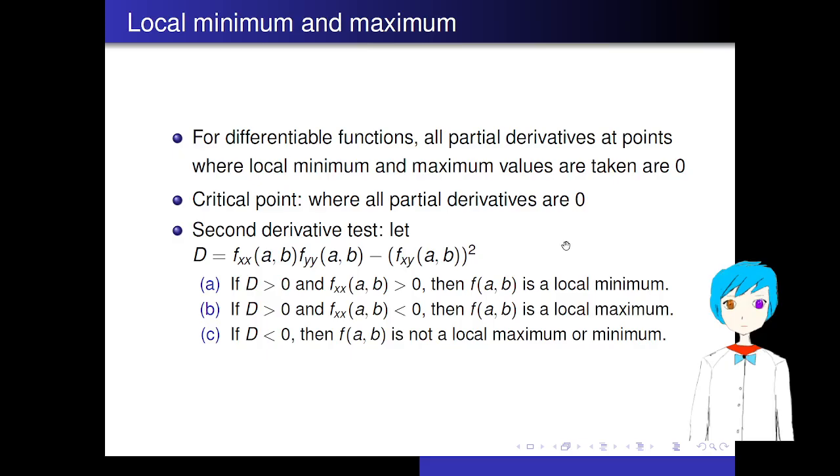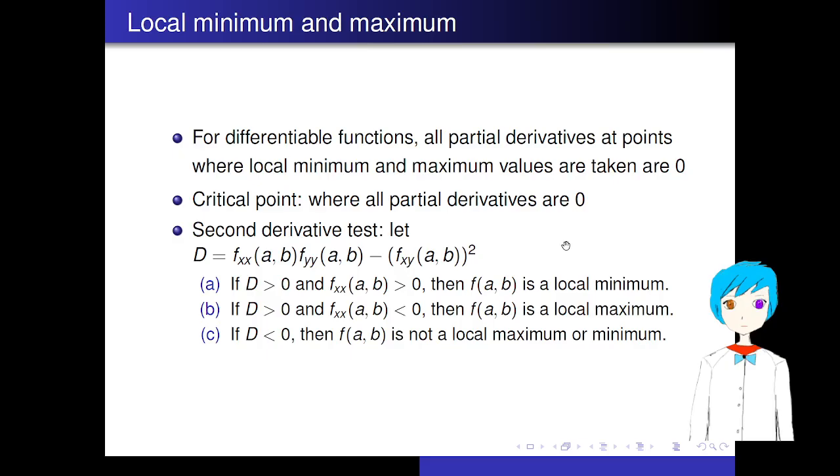However, we need to perform the second derivative test to determine if the function takes its local minimum or maximum on those critical points. Let d be fxx fyy minus fxy squared. If d is greater than 0 and fxx is greater than 0, then f(a,b) is a local minimum.